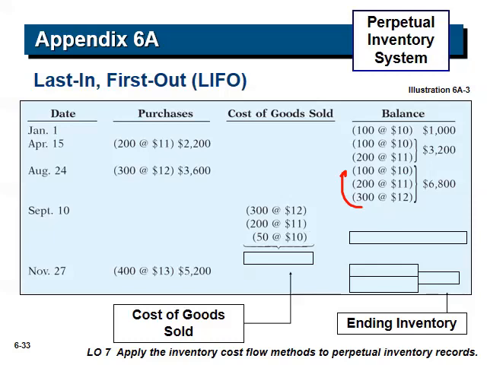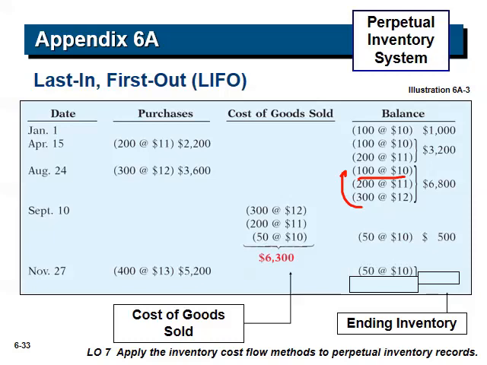That's going to give you the 550 that you sold for 6,300 cost of goods sold. Now what's left is 50 of these $10 ones. So once you now buy the $13 ones, you'll have those same 50 plus those $13 ones, and notice the difference in your ending inventory.